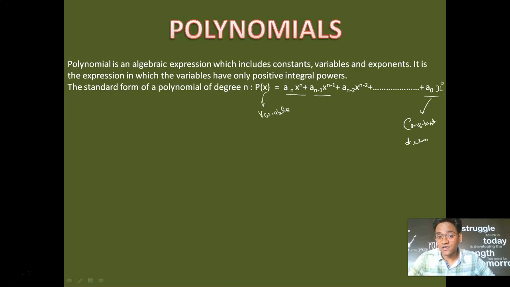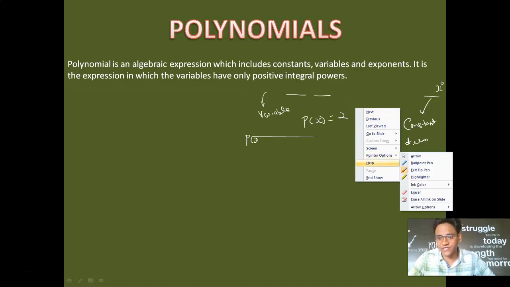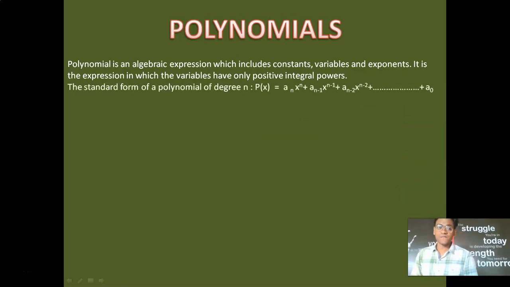And as I told in the introduction, for example, P(x) equal to 2 is written. This is denoting a constant polynomial. This is a special case. Students, now this is the standard form of polynomial. Clear? Now we will be starting the next topic.